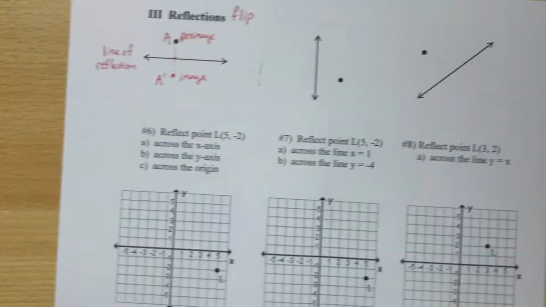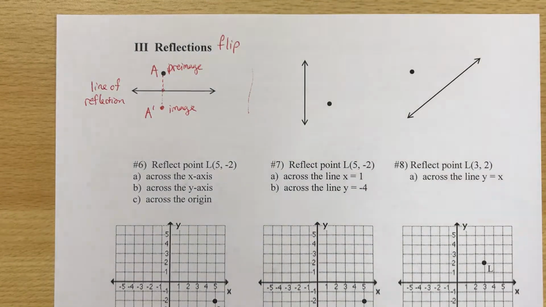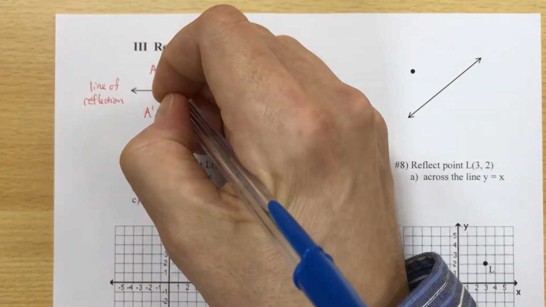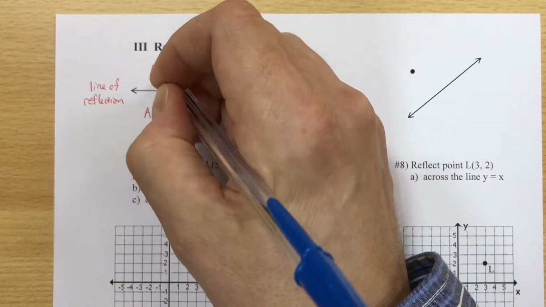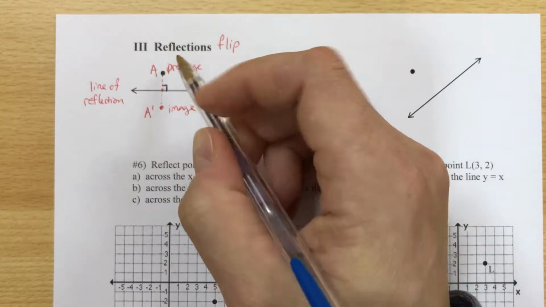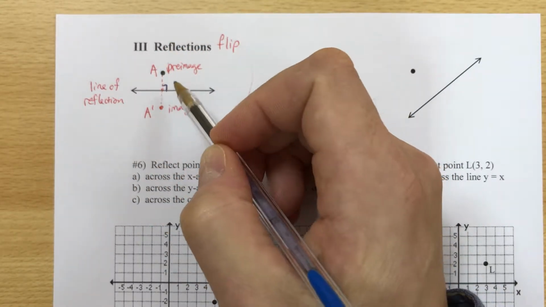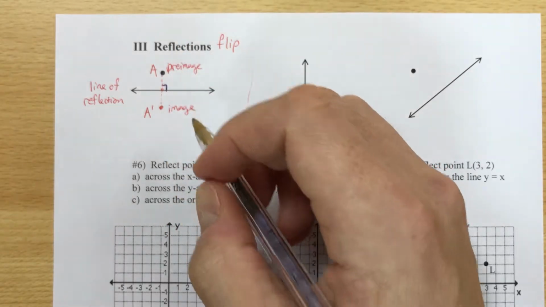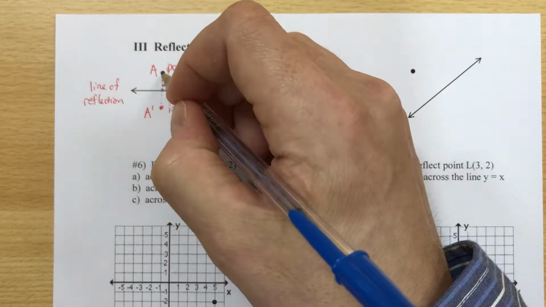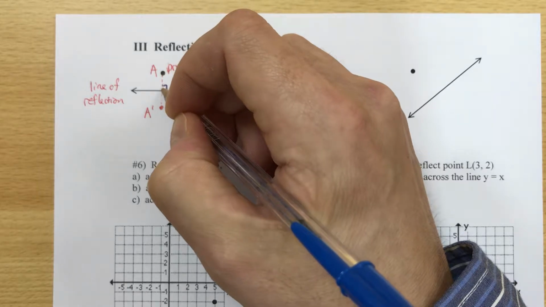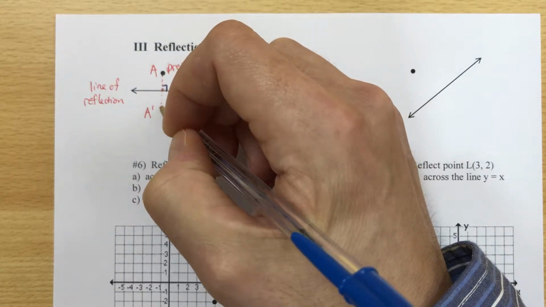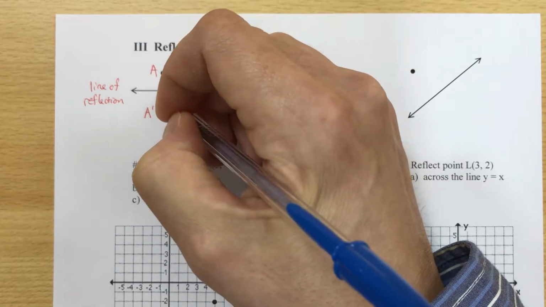To be a good reflection, there's 2 things that we have to know. First of all, if I connect these 2 points, it has to be perpendicular to the line. It has to create a 90-degree angle. And the other thing that has to be true is the distance from A to the line must be equal to the distance from A prime to the line.